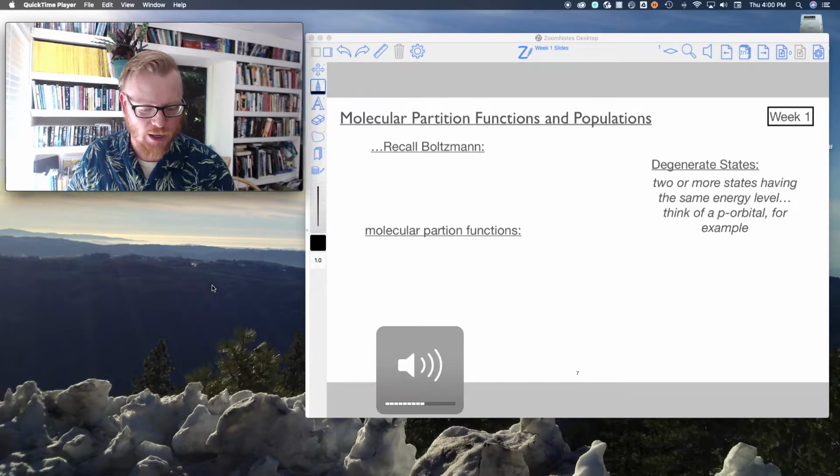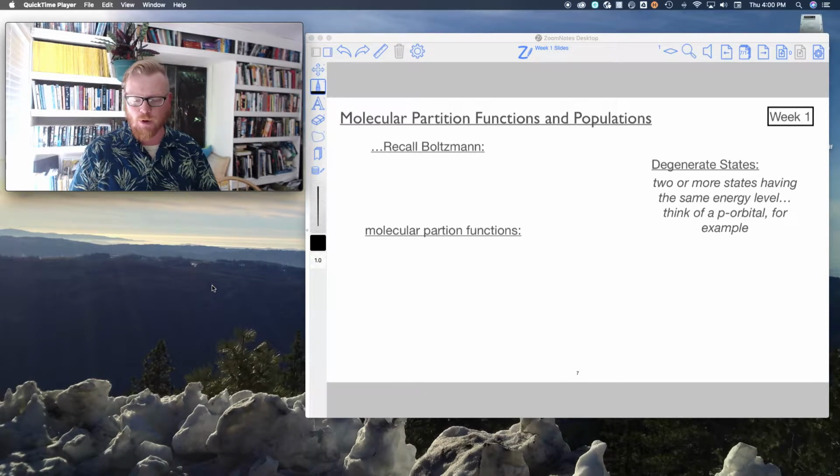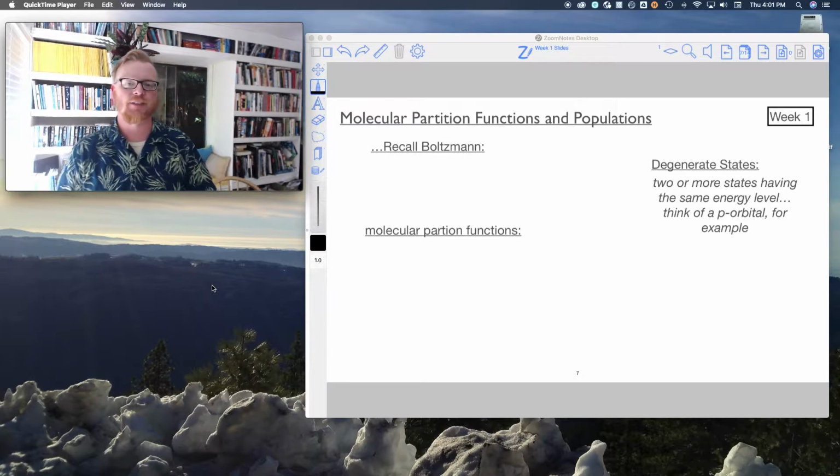Let's do it. Okay, so let's just pick up right where we left off, shall we? We're going to get into now molecular partition functions and more on this notion of populations of states. And molecular partition functions are useful equations that actually allow us to calculate the population of a state.